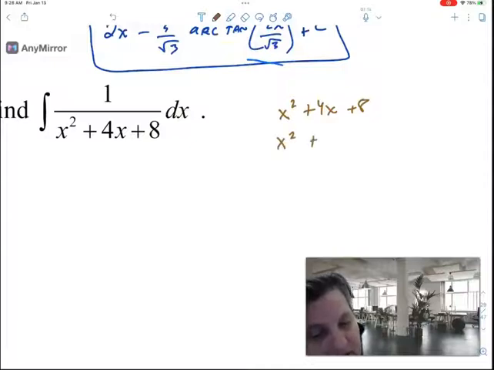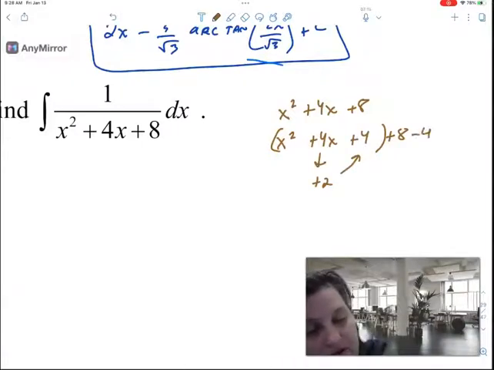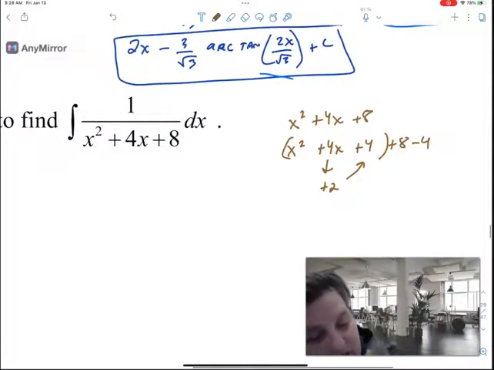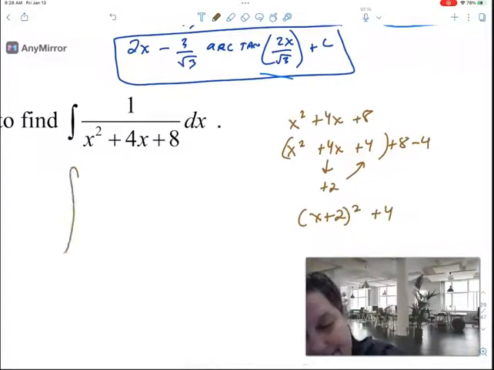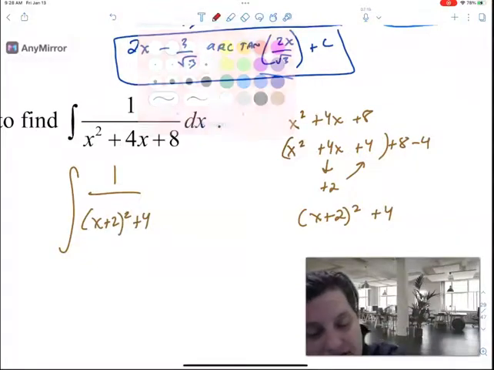Let's complete the square on this. Alright? Half of 4 is 2. 2 squared is 4. If I put a plus 4 in there, I have to put a minus 4 out here. So my completed square is x plus 2 squared plus 4. Okay? Guess what form this is?